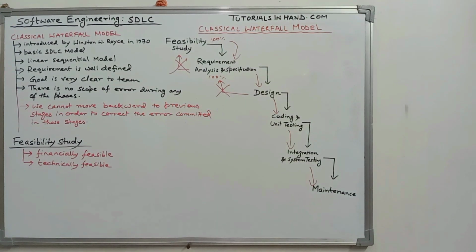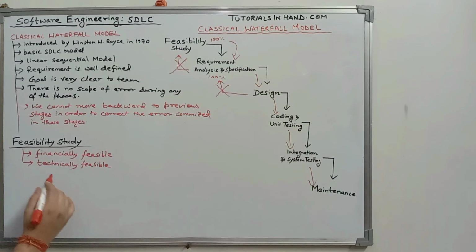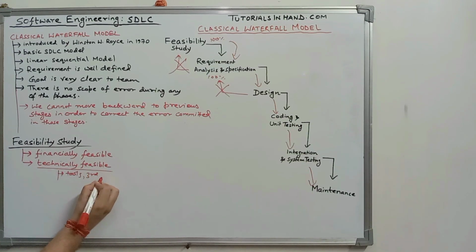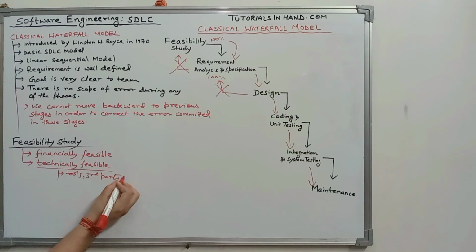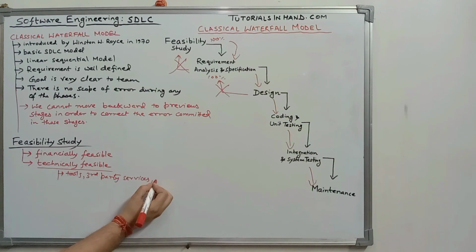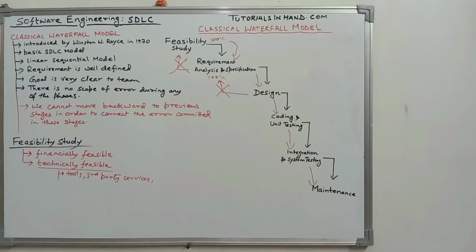That means we have to identify two things. When the software is going to be made, we need to find out the technical aspects, that means technical tools, third party services if you are going to use any, and any other technical aspect like resources.